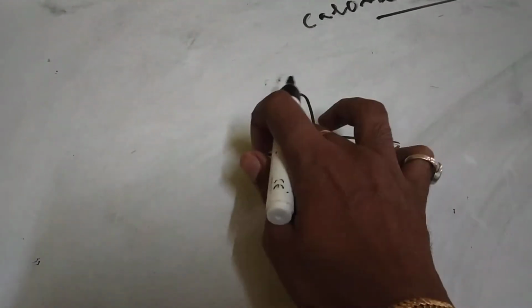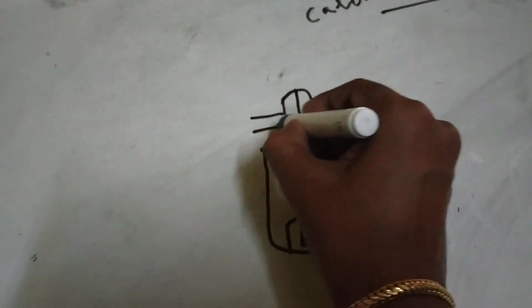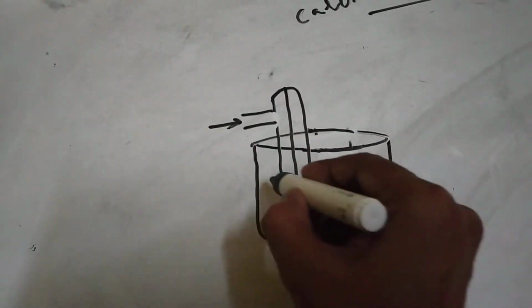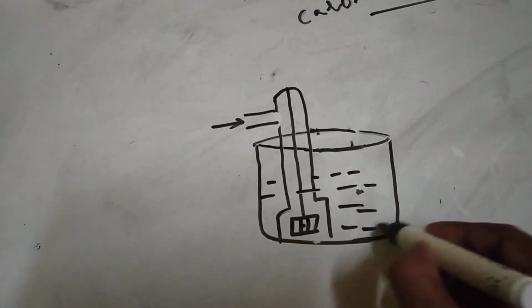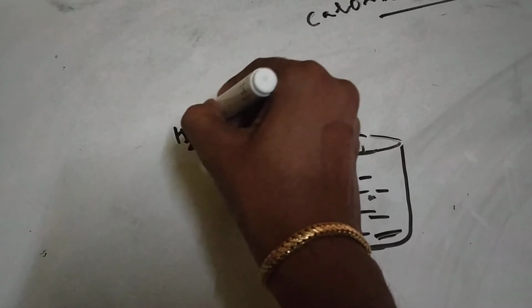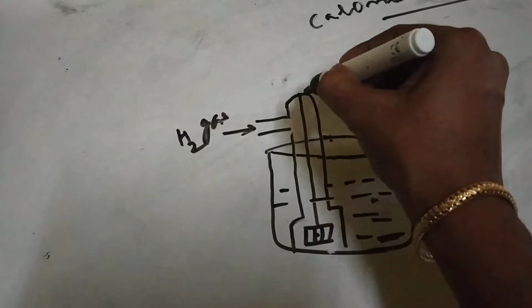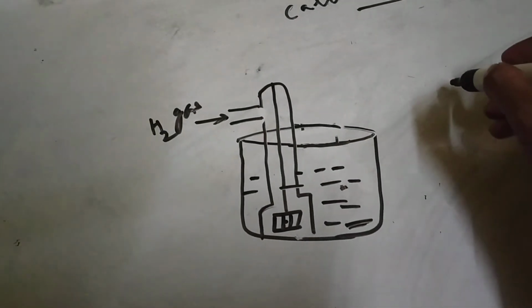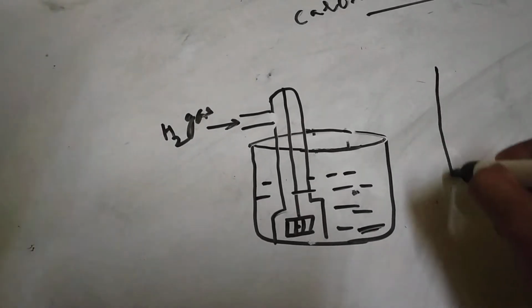So let's say this is one of the electrodes and we do not know what the concentration of the solution here is. We are passing the hydrogen gas here. This is the platinum electrode and it is connected with a calomel electrode.